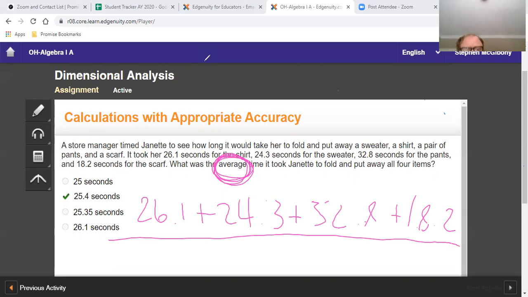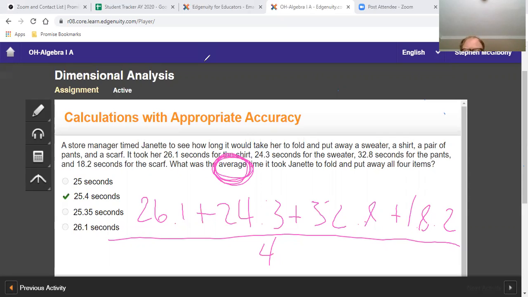And then we want to divide that number by 4 because we just added up 4 numbers. So 26.1 plus 24.3 plus 32.8 plus 18.2 is 101.4.